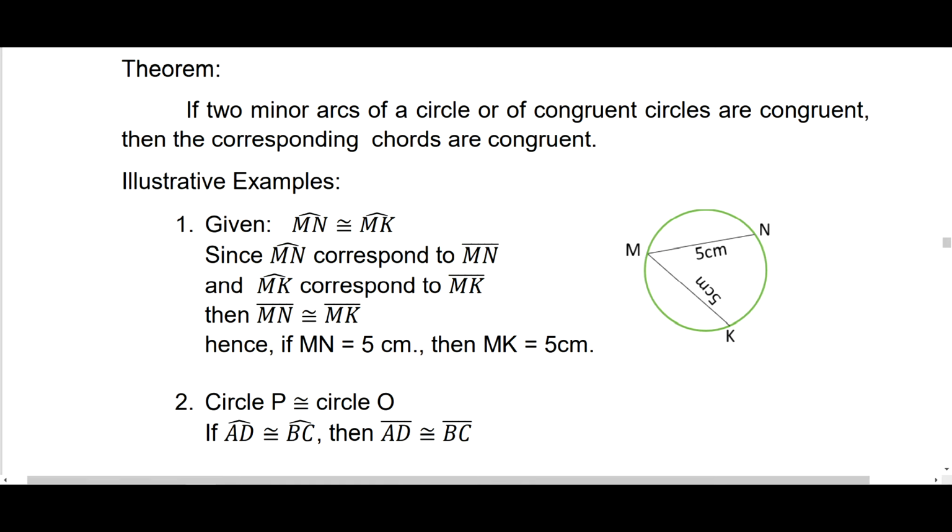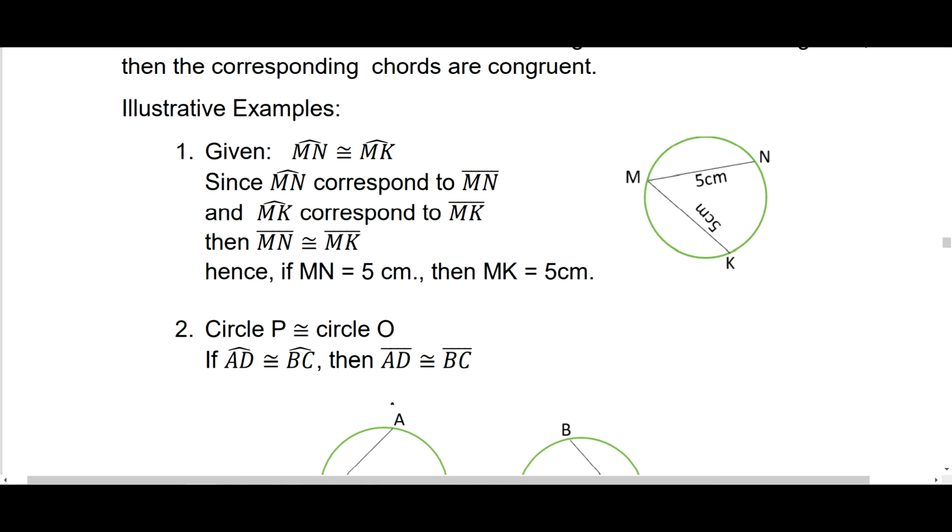So, example nito, kung ito daw si chord MN is congruent to chord MK, ibig sabihin, yung ini-intercept nila, arc MN is congruent to arc MK. Kumbaga, pares kasi sila ng length, so ibig sabihin yung length na tinamaan nila sa circle na mabubuo nila na arc ay equal din.